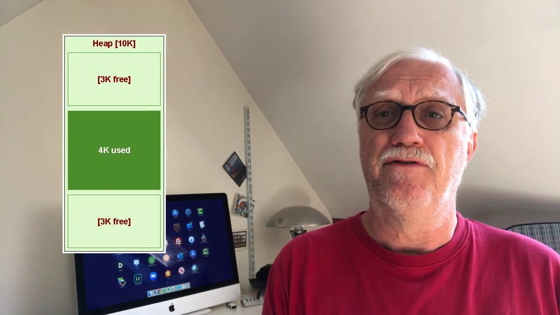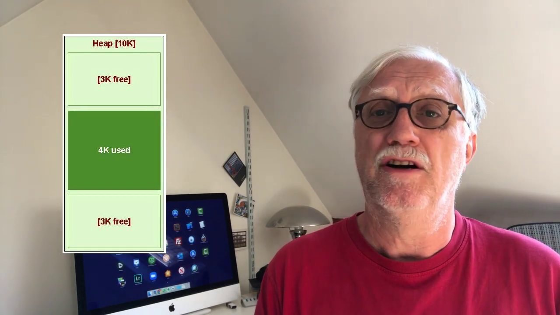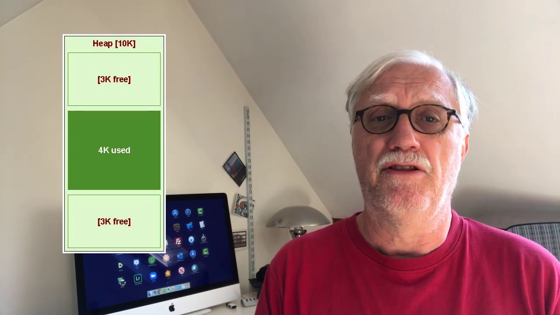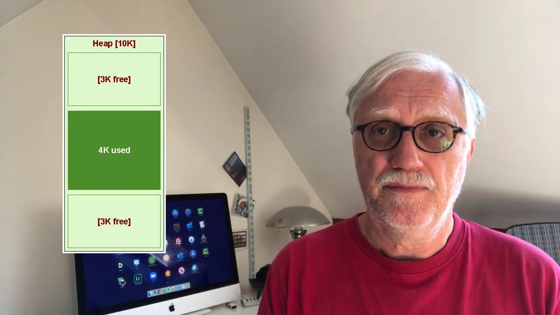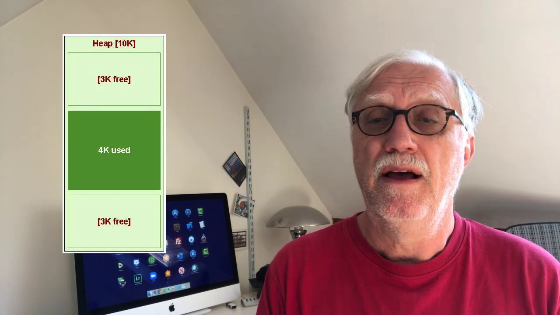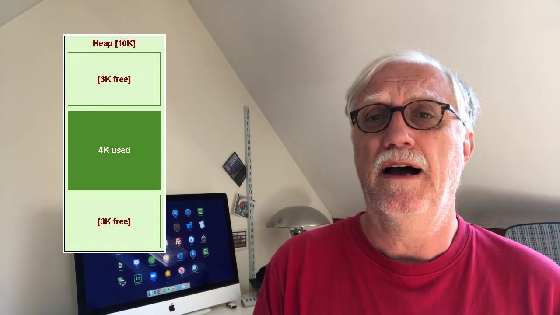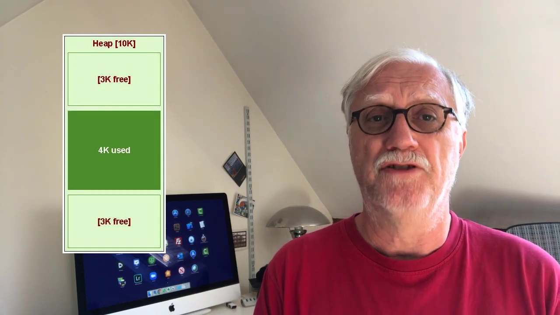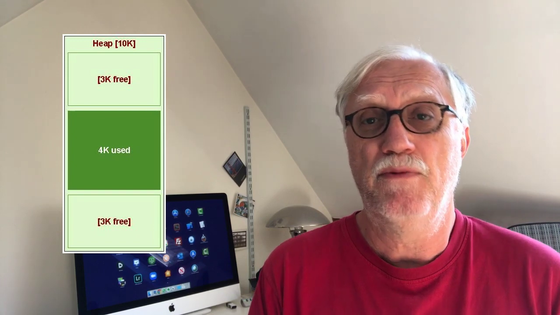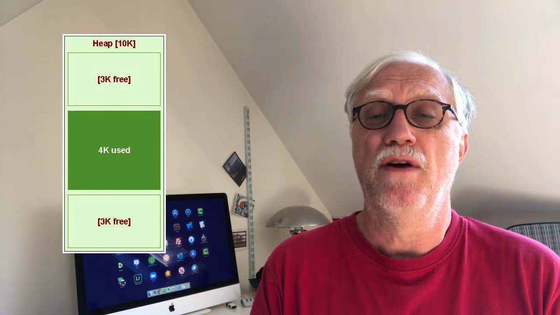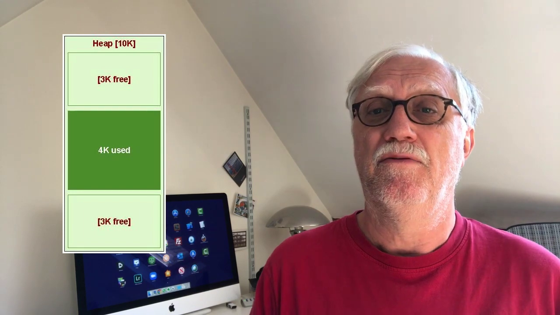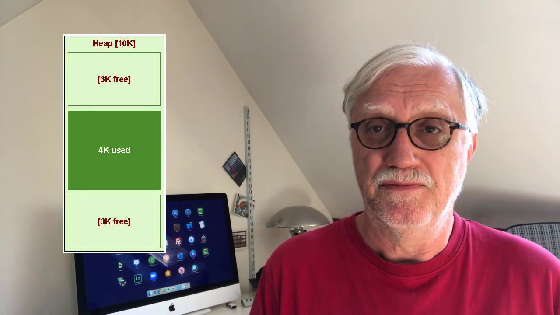I've got 3k of free memory, then I've got a 4k chunk which is currently in use, and another 3k chunk which is free. So I've got 6k of free memory. What if I now execute a call to malloc asking for 4k? It will fail. It will fail because there is no contiguous piece of memory which is enough for my requirements.